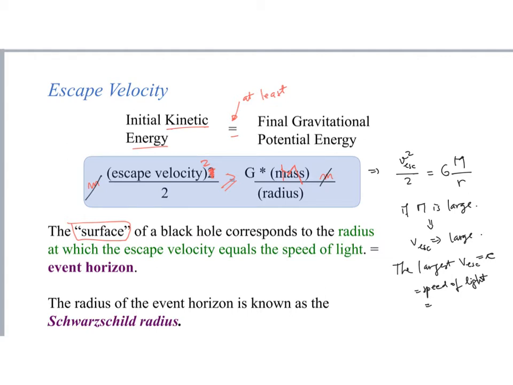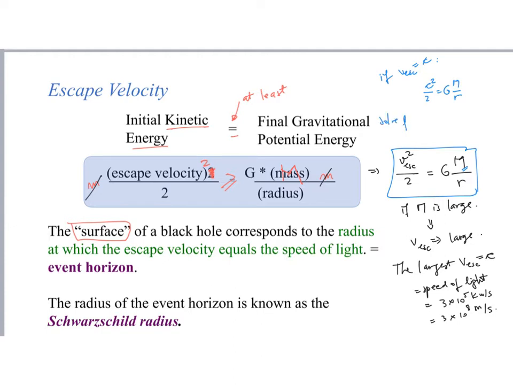Remember the value of that speed, 3 times 10 to the 5 kilometers per second, or 3 times 10 to the 8 meters per second. So what's going to be the size of that object of mass M for which v escape is actually the speed of light? Let's plug it in. So we're going to have c squared divided by 2 equals G M over r.